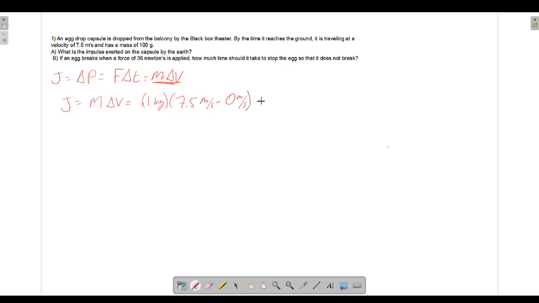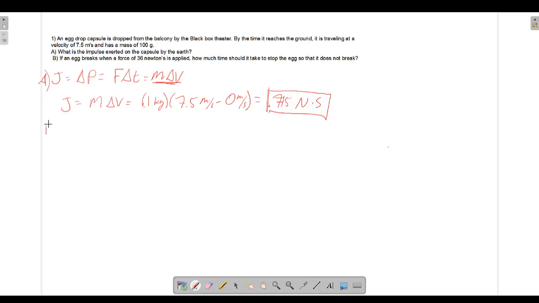That gives us an impulse of 0.75 newton seconds, which is the unit for impulse. Probably because the thing is so light, it doesn't actually have that much of an impulse. So that's A, simple enough.